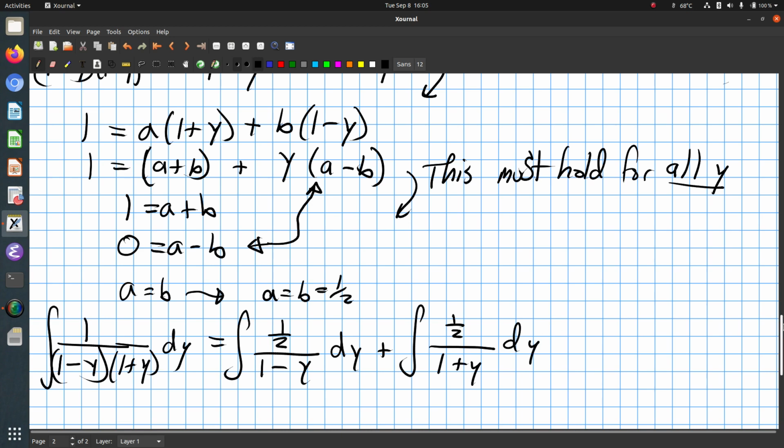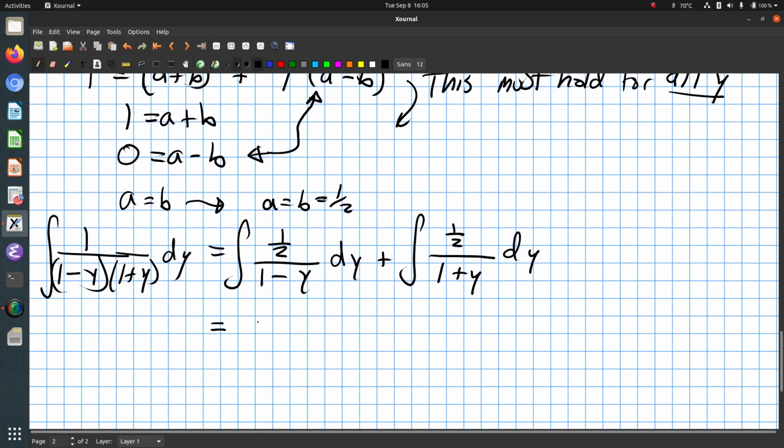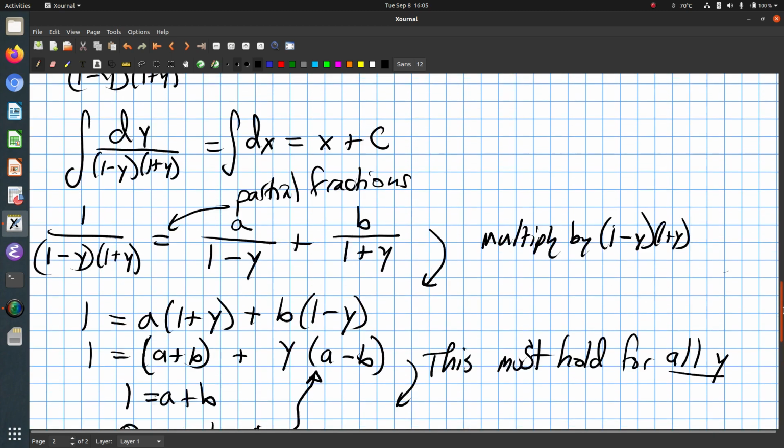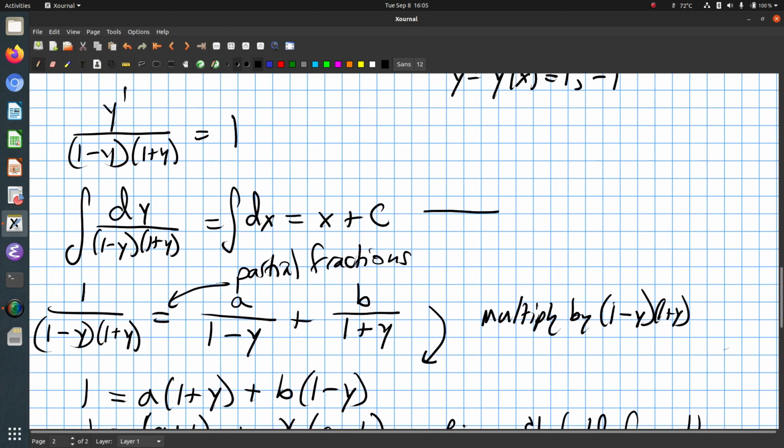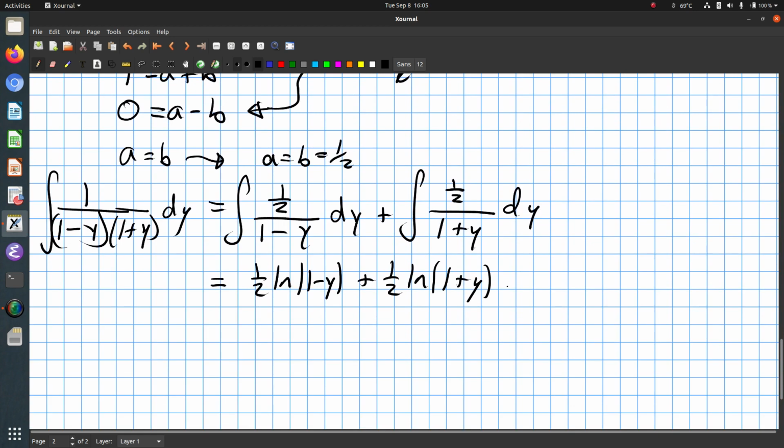And the nice thing about that is I know what these two are. This is 1/2 natural log 1 minus y. This is 1/2 natural log 1 plus y. Okay, now going back up to the beginning here, this line should equal x plus c.